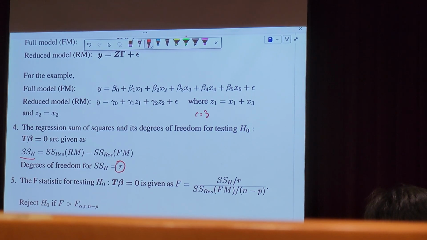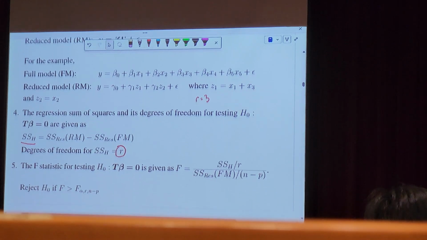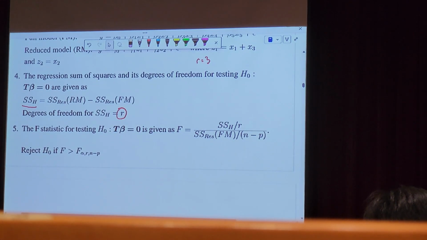Well, what about the F statistics for testing this set of linear constraints on beta? Well, it's given by this F statistics here. Again, this is based on linear model theory. Some of this you will prove in the tutorial.